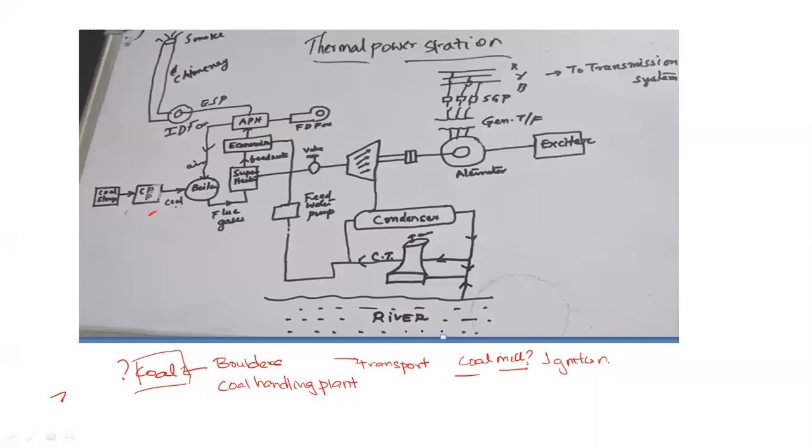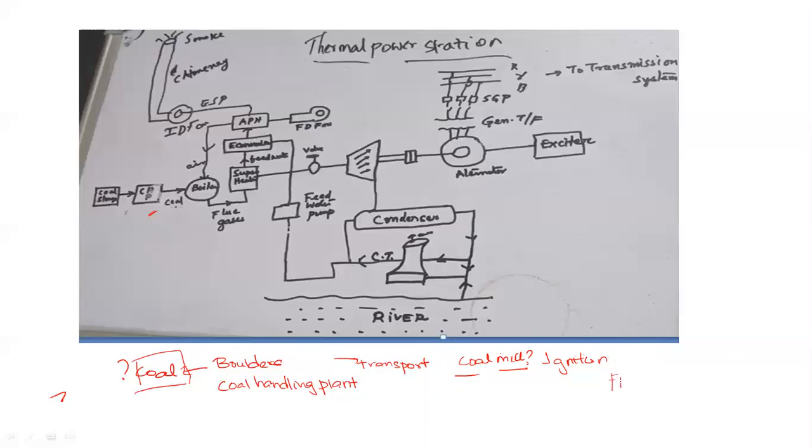How to ignite? We can ignite the boiler with the help of the igniter. The igniters will ignite the coal, where air is supplied by the FD fan, the forced draft fan, from the atmosphere.